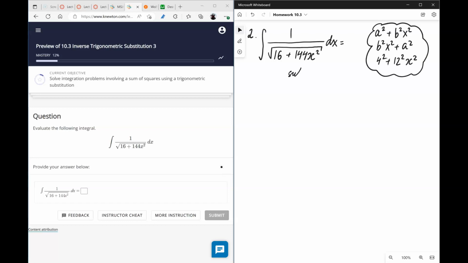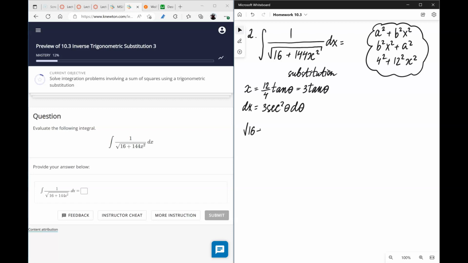And the substitution that's going to work is x equals 12 over 4 tangent theta, so that dx is equal to 3 secant squared theta d theta.